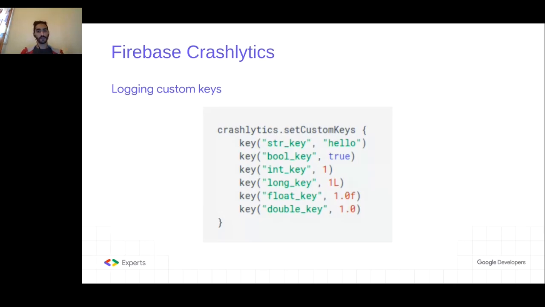So you could use a key to say that the game crashed at level 5. The key would be level and the value would be 5. This can also help you identify bugs when you're reusing a screen or a class and you need to know exactly what parameters were passed to that screen or class.